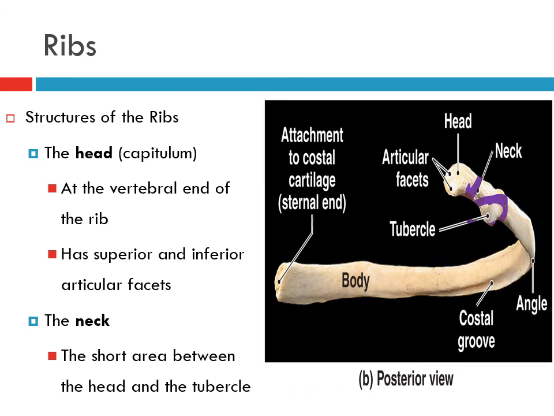The tubercle is the part that is going to articulate with the transverse process of the thoracic vertebrae at the transverse costal facet. Then the ribs come around at the angle. The angle is where they turn to come anteriorly. The anterior portion is called the body. And the sternal end is the end that actually comes in to attach to the cartilage that will attach into the sternum.